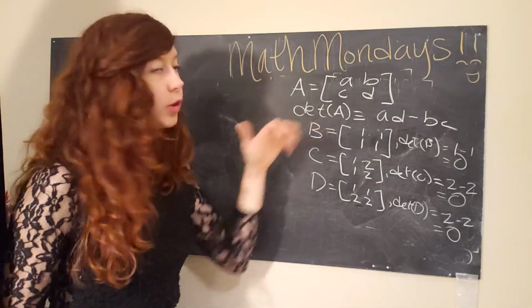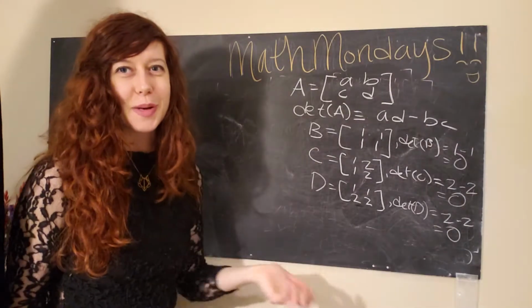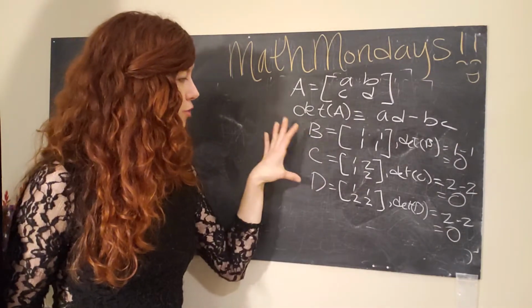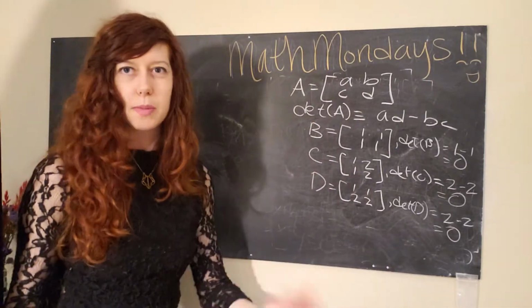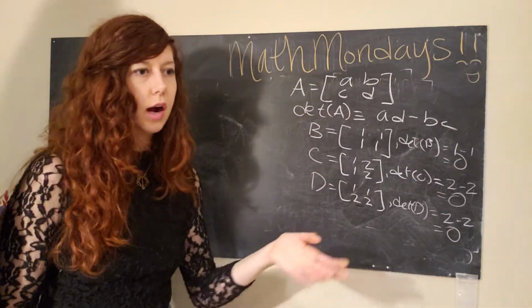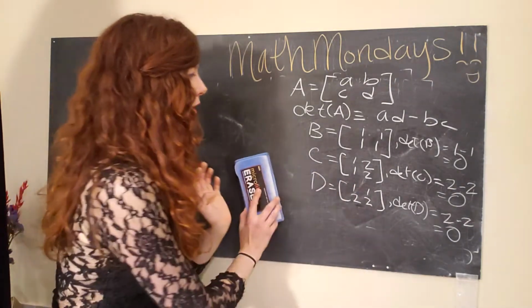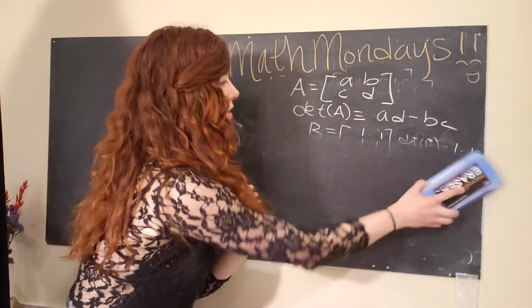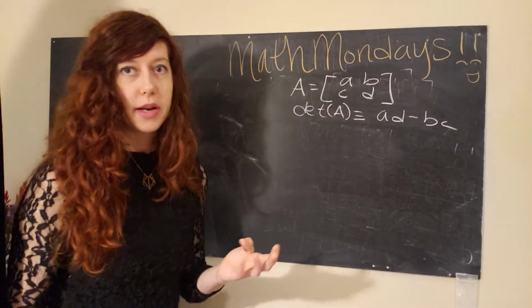So there are some other useful things that the determinant can tell us, but I'm just going to focus on this right now because those other useful things come into play more when we are learning linear algebra.